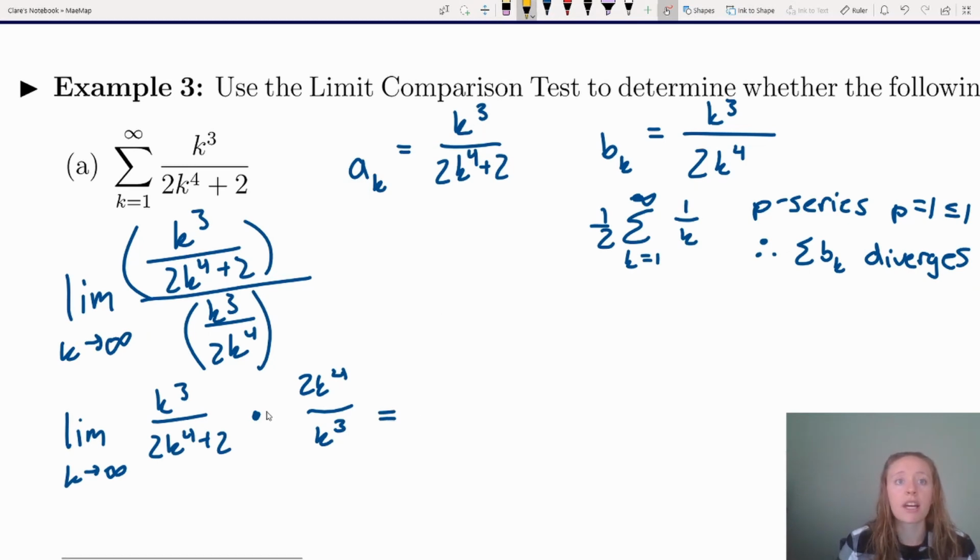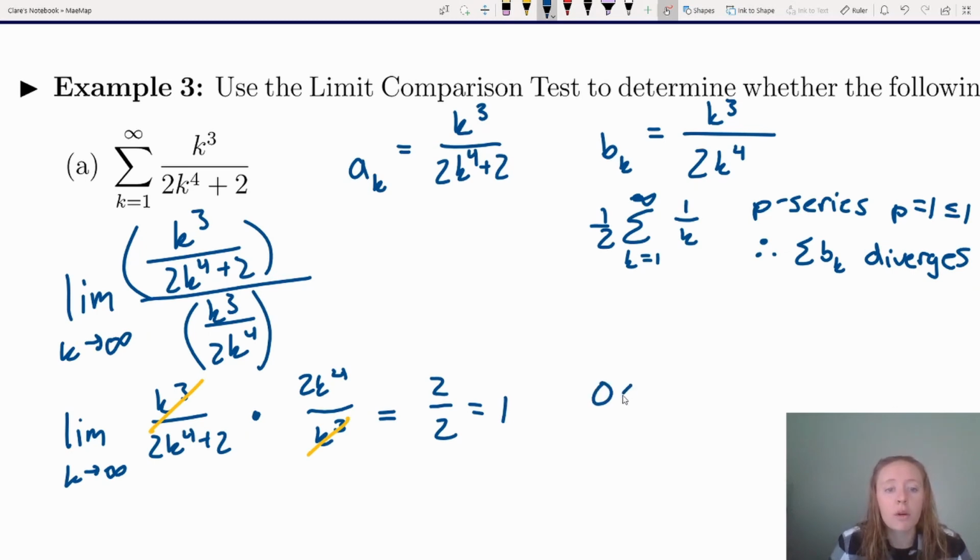Notice now that my k cubes cancel out, and I have 2k to the 4th over 2k to the 4th plus 2. The limit of that is going to be, by the highest power rule, take those coefficients, 2 over 2, which equals 1.